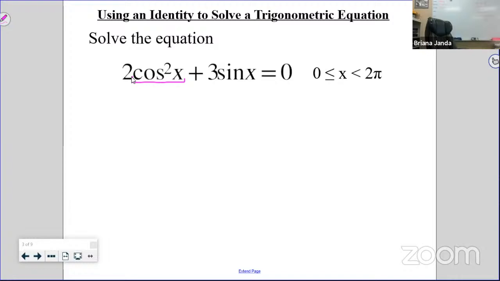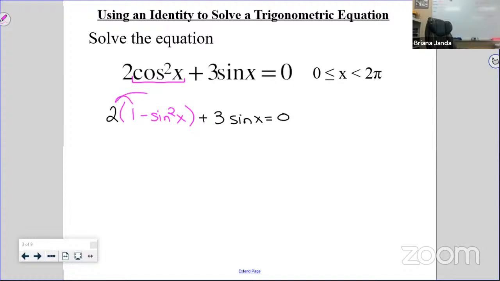And what happens is if I replace this part of it with its Pythagorean identity, which is 1 minus sine squared, finding that Pythagorean identity on your sheet, fill that in. And what we see now is an equation that only has sines throughout, sine squared, sine, plain number, okay? And that leads us now to something we can work with.